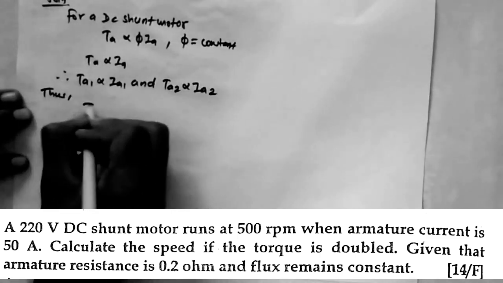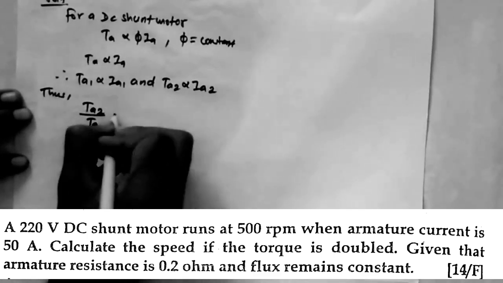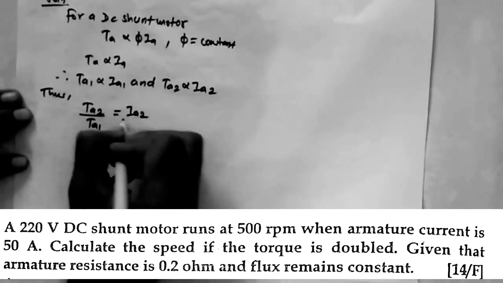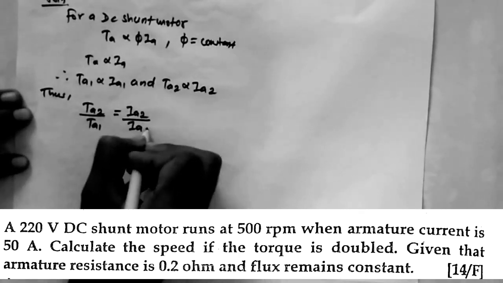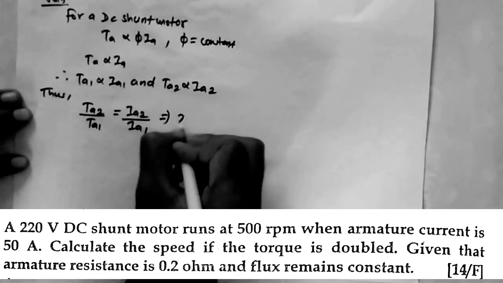Thus we have the relation Ta2 upon Ta1 equals Ia2 upon Ia1.